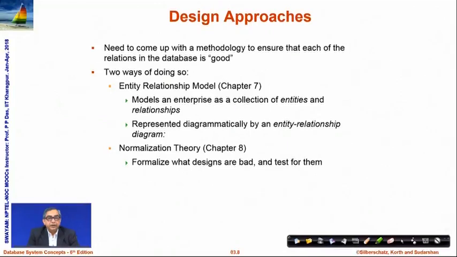So, in a university database, the entities are students, courses, teachers, and the relationships are a teacher teaches a set of courses, a student attends a set of courses, and so on. The teachers supervise a set of students for projects and so on. And then we represent them diagrammatically in terms of an ER diagram, entity relationship diagram.